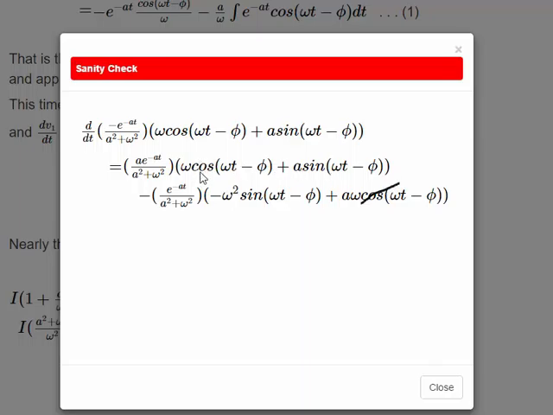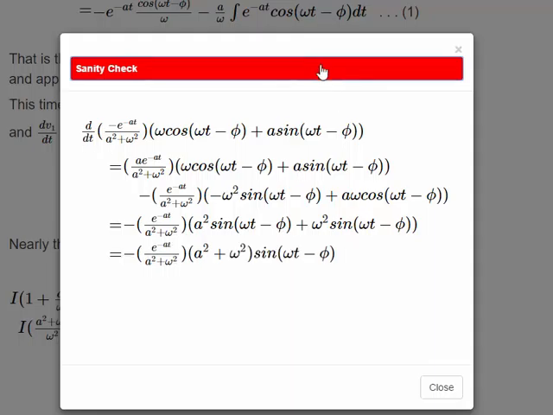So that term will cancel with that term. We're going to get an a squared sine term here and an omega squared sine term here. So we'll take a sine omega t minus phi outside of this bracket. We've now got a squared plus omega squared on the numerator and a squared plus omega squared on the denominator, so obviously they will cancel, and we've got e to the minus at sine omega t minus phi, which is correct.